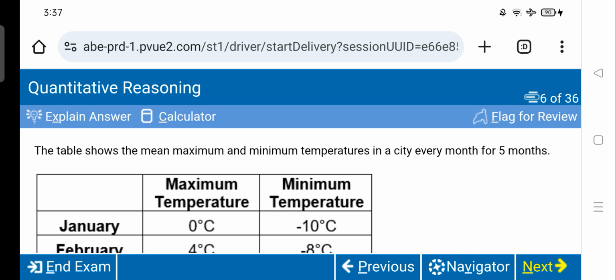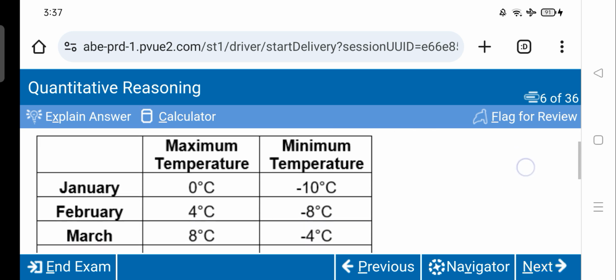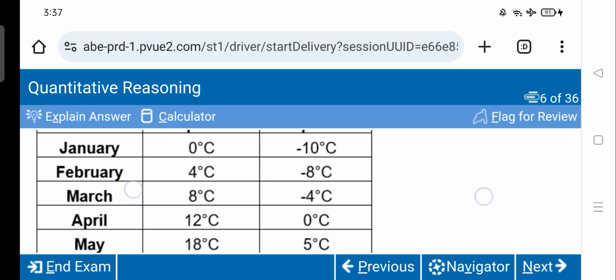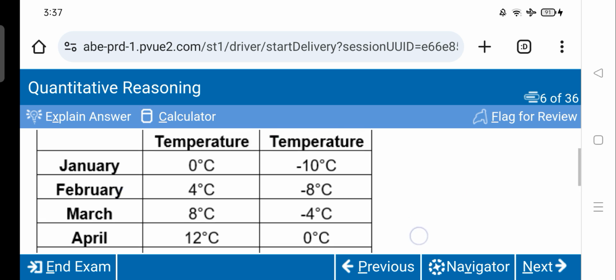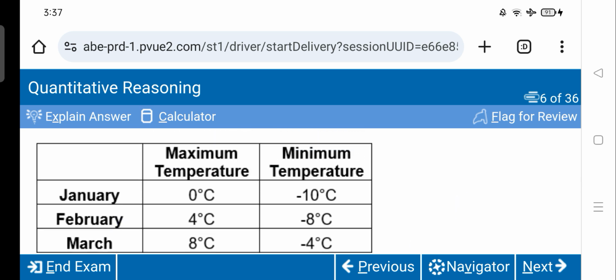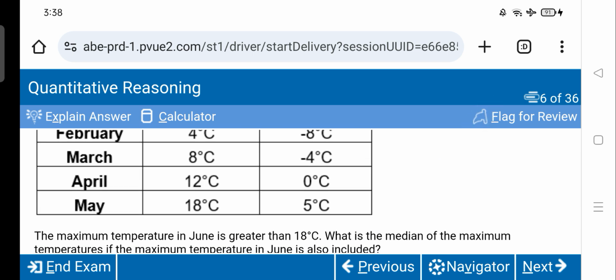The table shows the mean, maximum and minimum temperatures in a city every month for 5 months. So here we have these maximum and minimum temperatures, that is January to May.